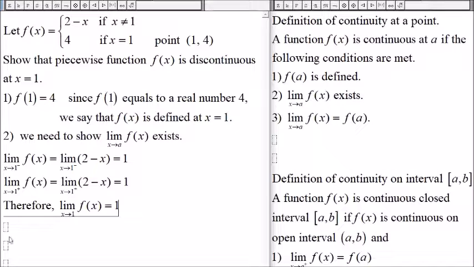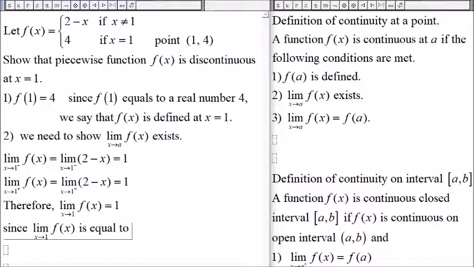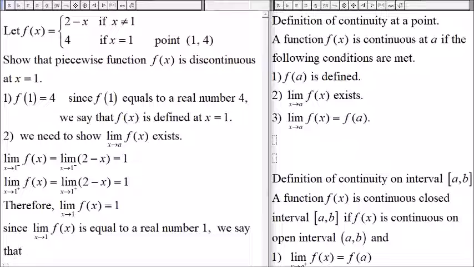And so we have condition number 2 is met, and since the limit is equal to a real number, we say that the limit exists. In this case, it's the real number 1. Now this limit right here exists.